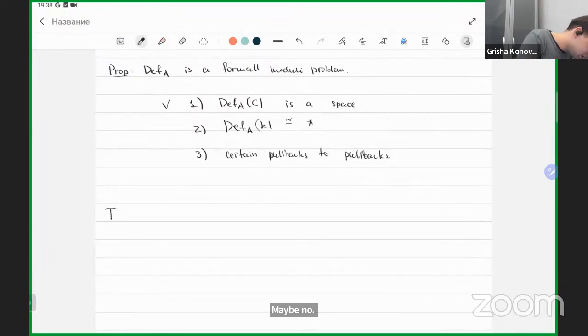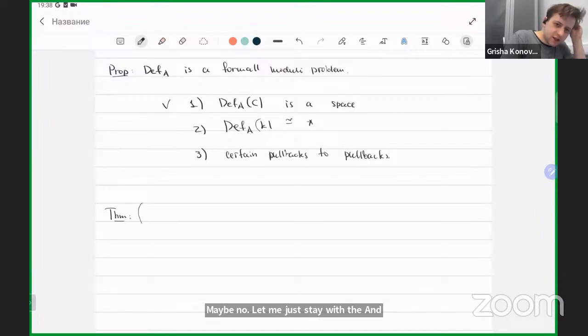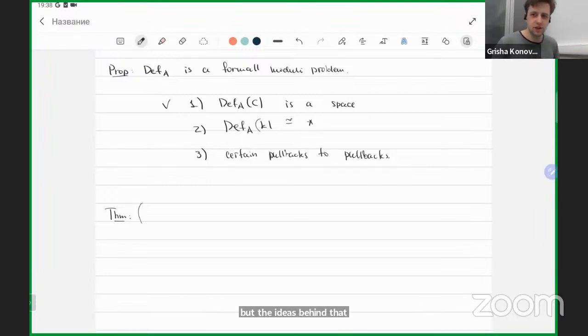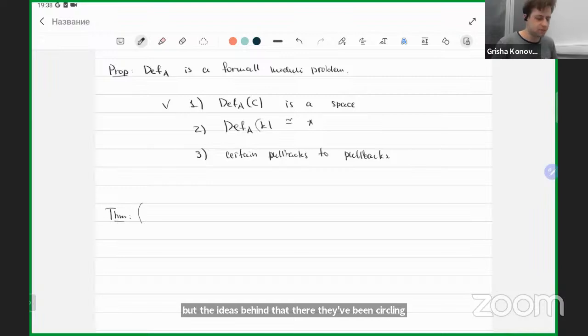And I guess in more or less this form, the theorem was formulated by Jacob Lurie and John Pridham independently, but the ideas behind the theorem have been circling around the literature for quite a time.